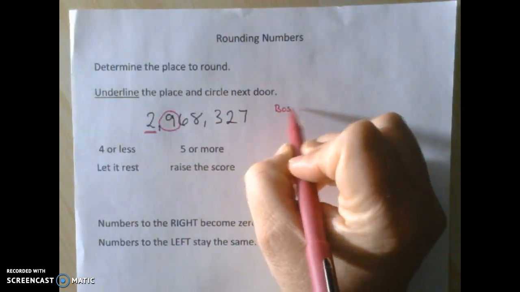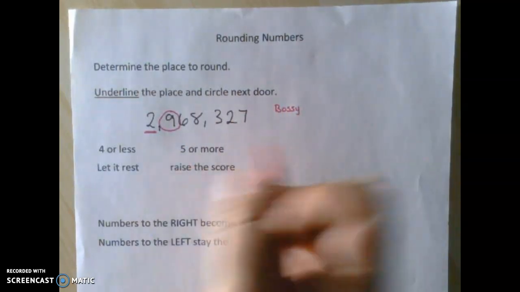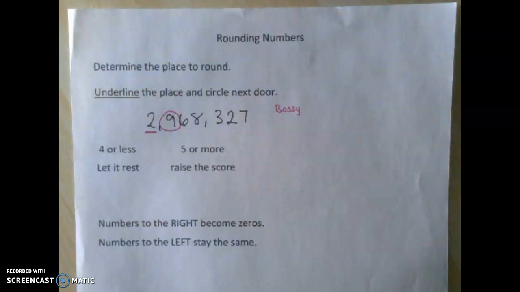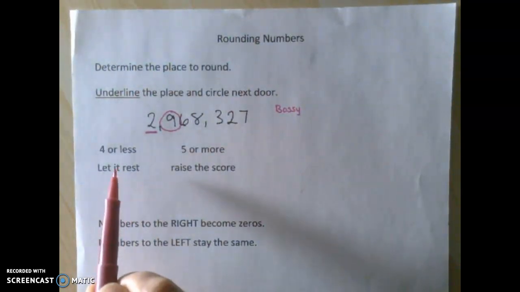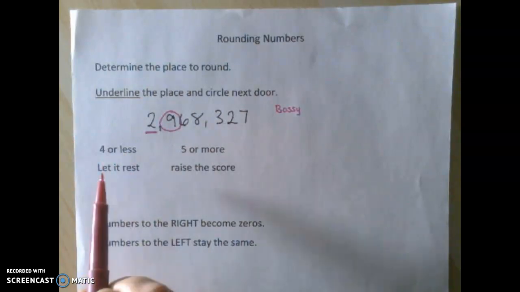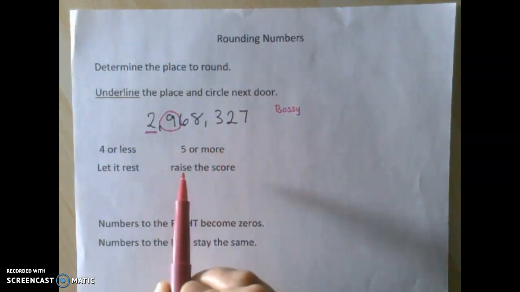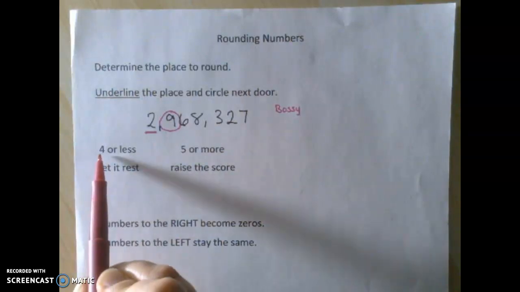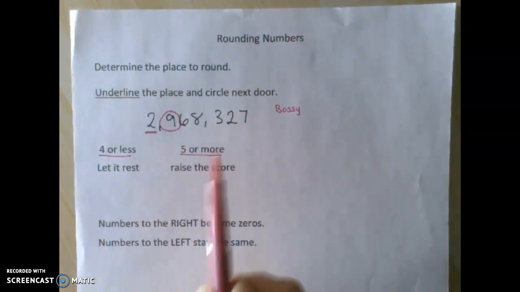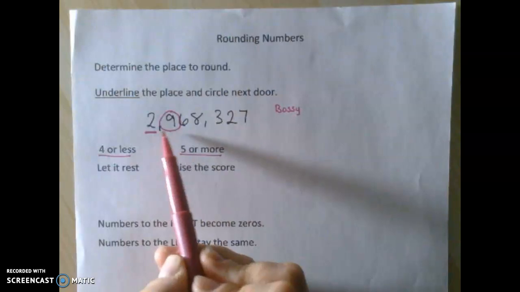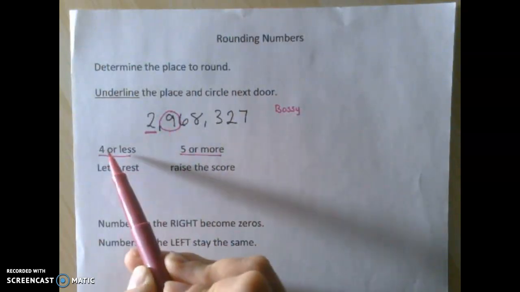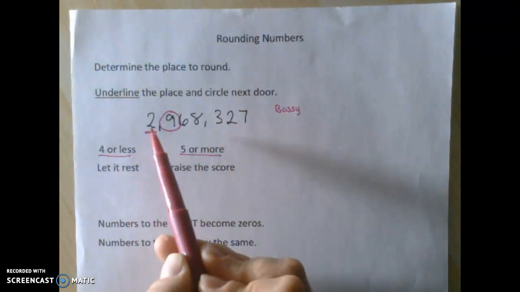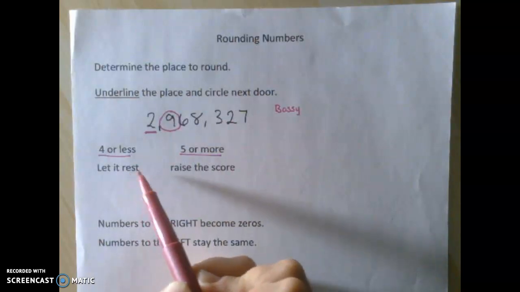One of the ways to think about it is that this is our bossy neighbor. Now, when rounding a number to a certain place, you usually will hear 4 or less, let it rest. 5 or more, raise the score. Well, what are we talking about with 4 or less or 5 or more? We're talking about that bossy neighbor. If this digit is 4 or less, then we're going to let the digit we're rounding rest.